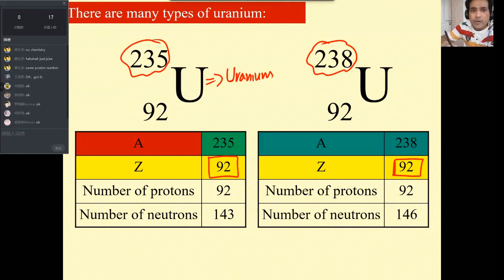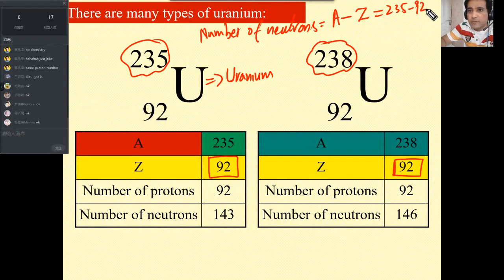Now I have one question for you. If this is given to you and I ask you the number of neutrons, how do we find the number of neutrons? What you need to do is mass number minus atomic number. In this case, for example, we have 235 minus 92.